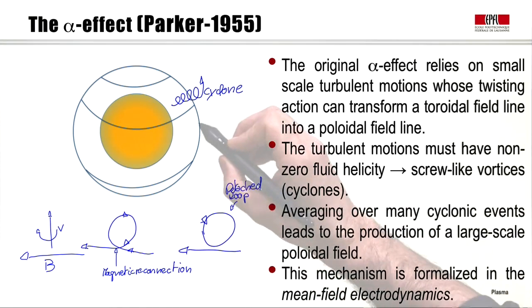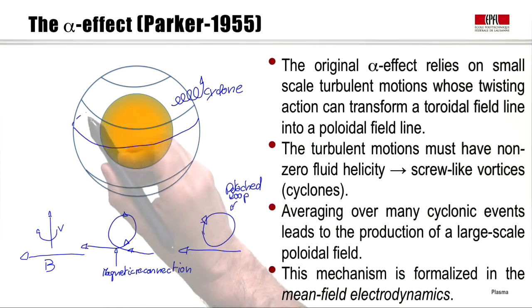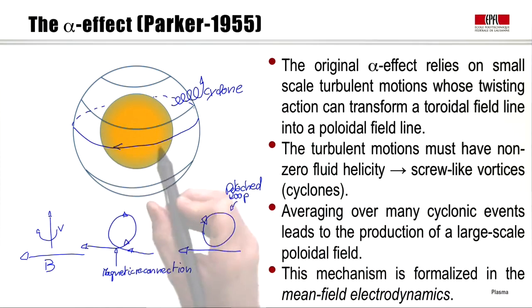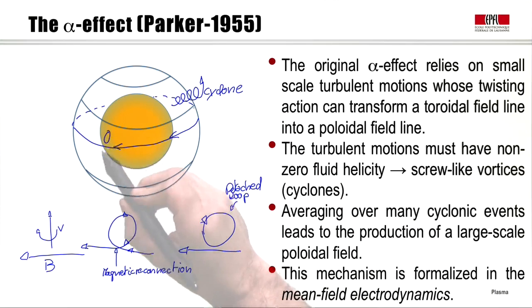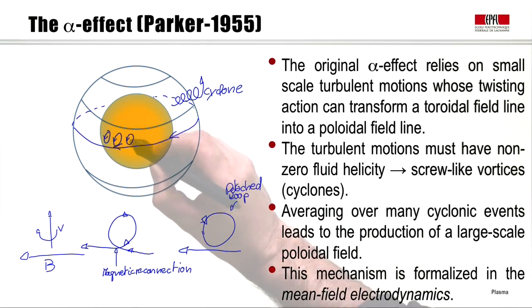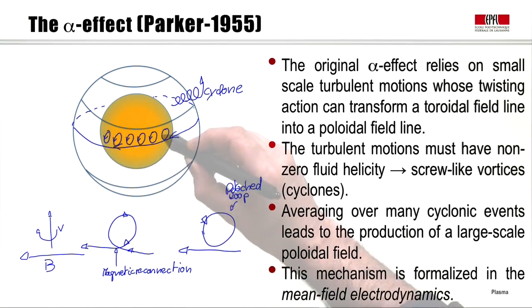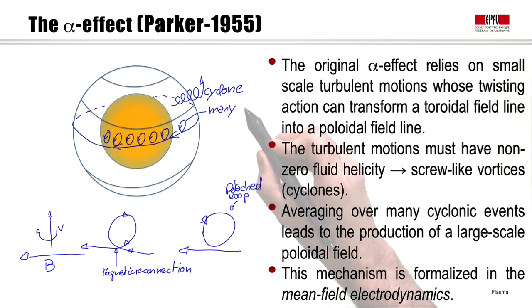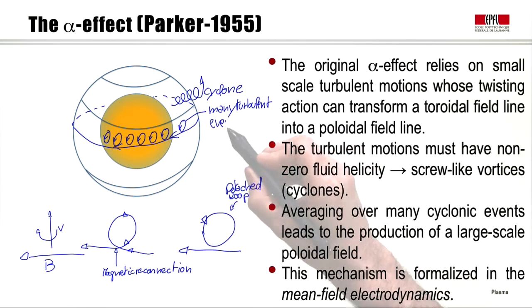Let's now consider an equatorial magnetic field line which is almost completely toroidal. If many of these detached loops are produced, by averaging over many cyclonic, turbulent events, these can lead to the production of a large-scale poloidal field.